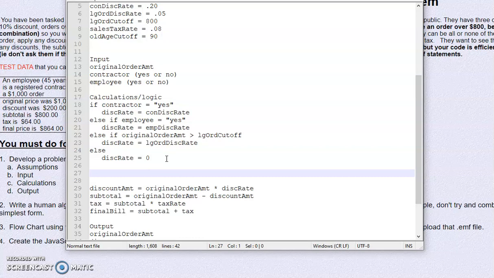And 0 never changes. So the last thing we need to do is determine now what the tax rate is.